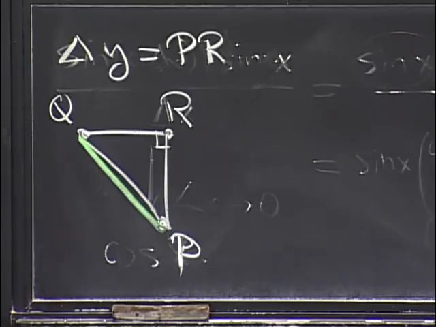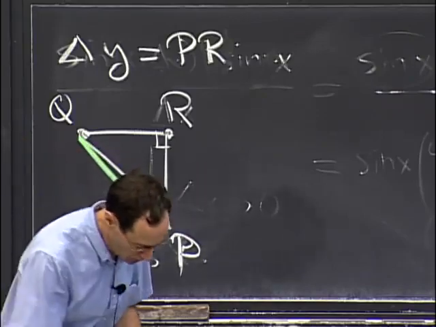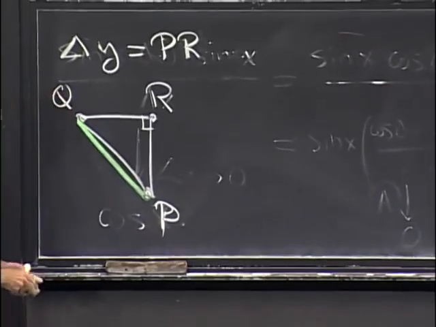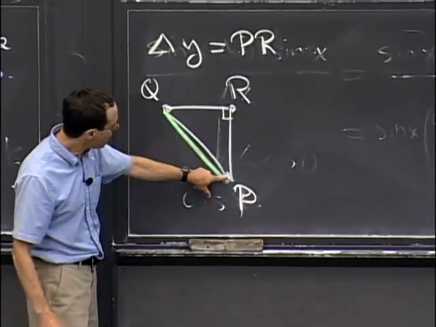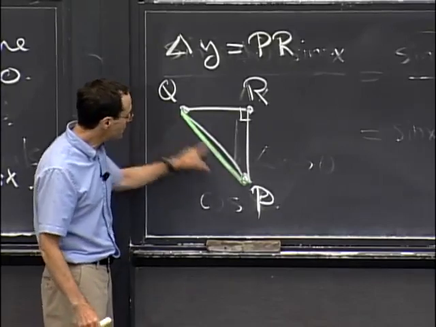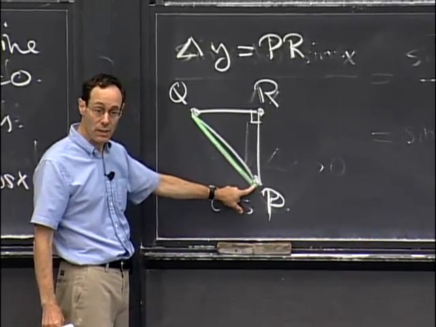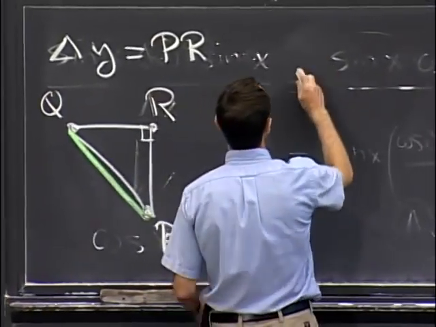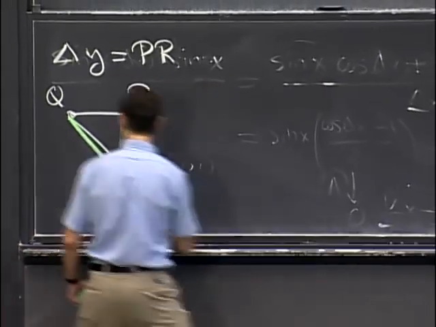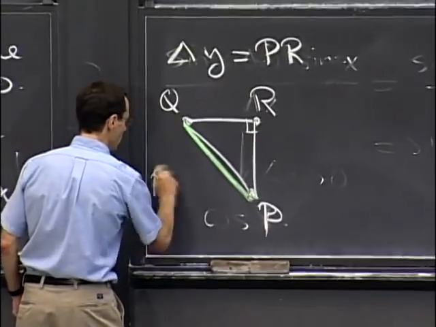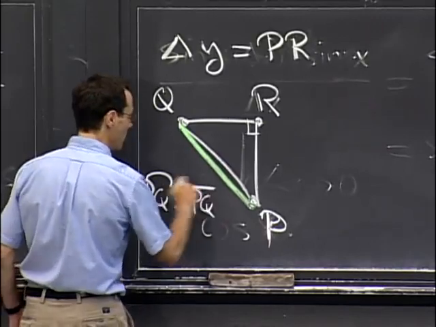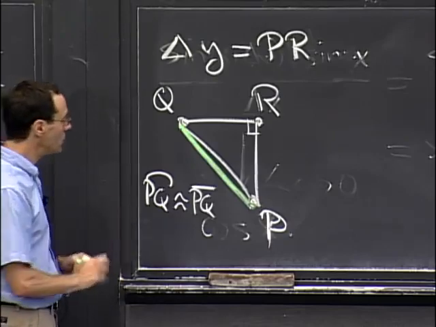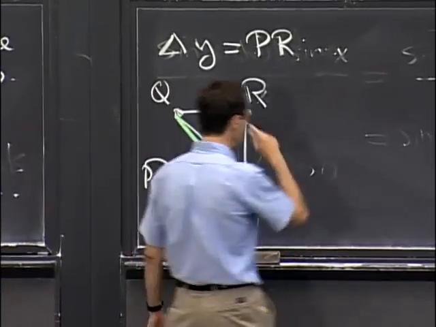Now the key step is the same principle that we already used, which is that short pieces of curves are nearly straight. So this piece of the circular arc from P to Q is practically the same as the straight segment from P to Q. How are we going to use that quantitatively?